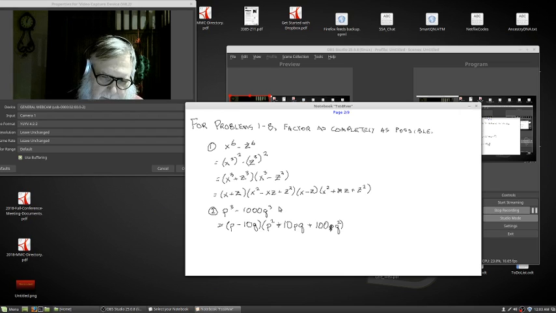And then the next problem is a similar thing, except we just have a difference, or could have a sum, of cubes. But it's not to the 6th power where you have to use formulas twice.